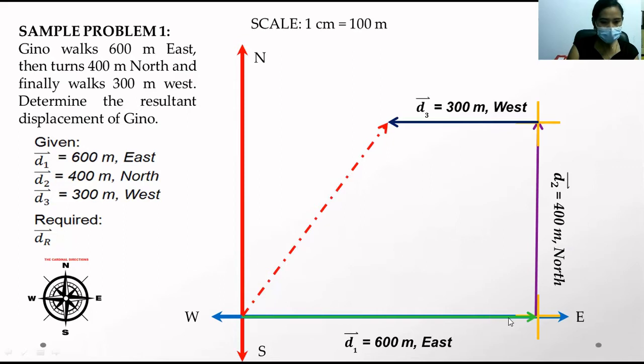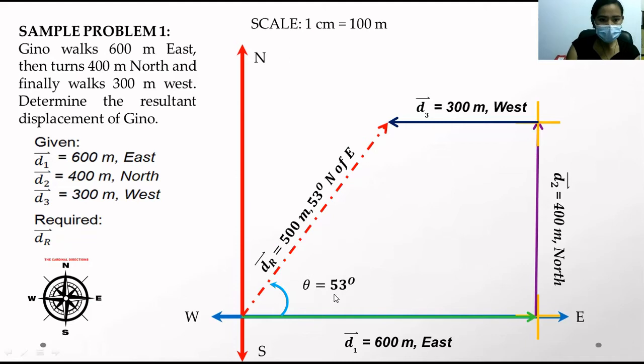Using nothing but your ruler and protractor, you will be able to determine the direction of our resultant displacement, which is 500 meters, 53 degrees north of east.